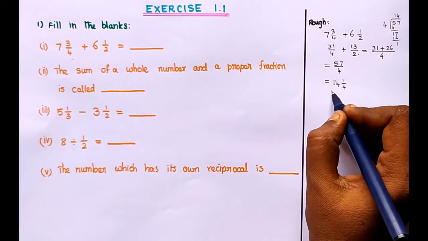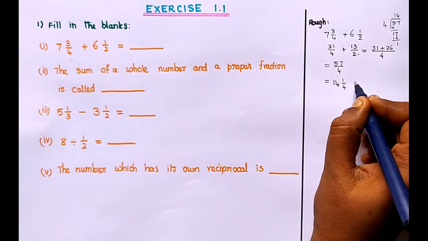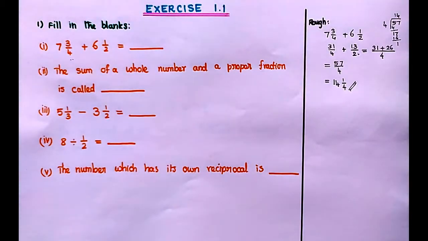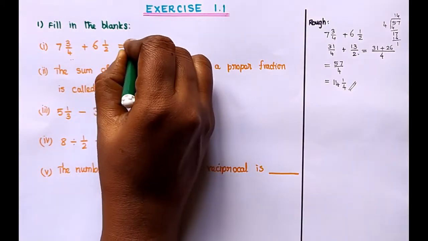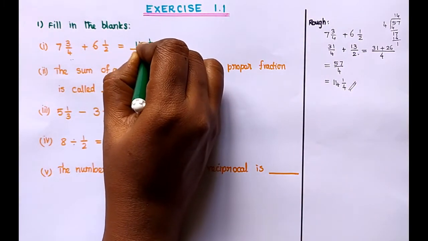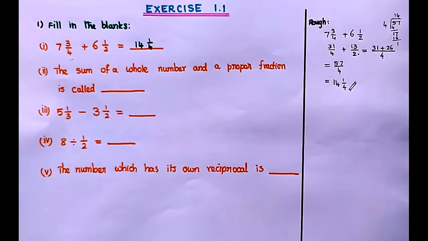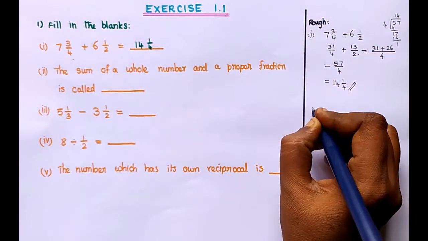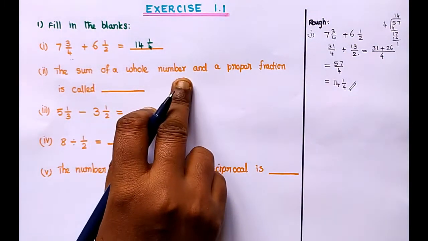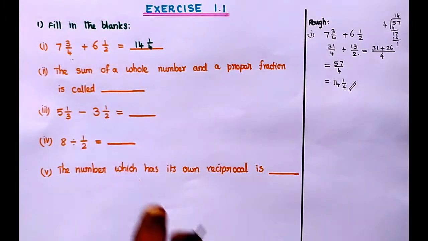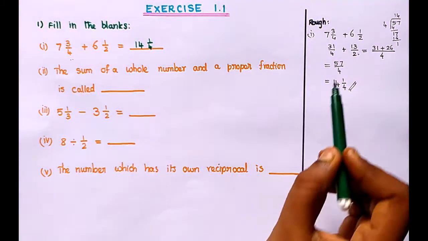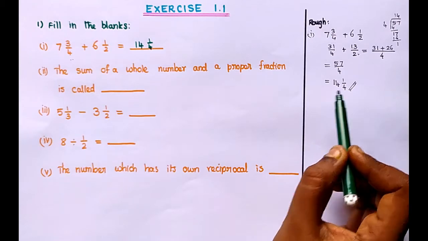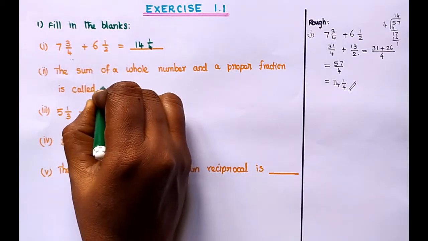So, 14 1 by 4 is the answer. Next one, the sum of a whole number and a proper fraction is called mixed fraction.